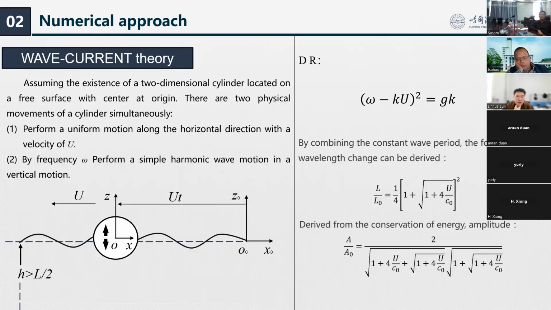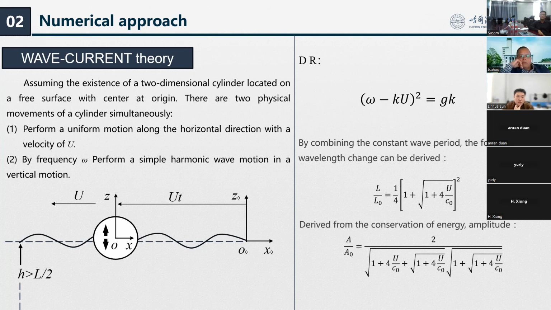On this page, I show the wave-current theoretical method. Assuming the existence of a two-dimensional cylinder located on a free surface with center at the origin, there are two physical movements of the cylinder.